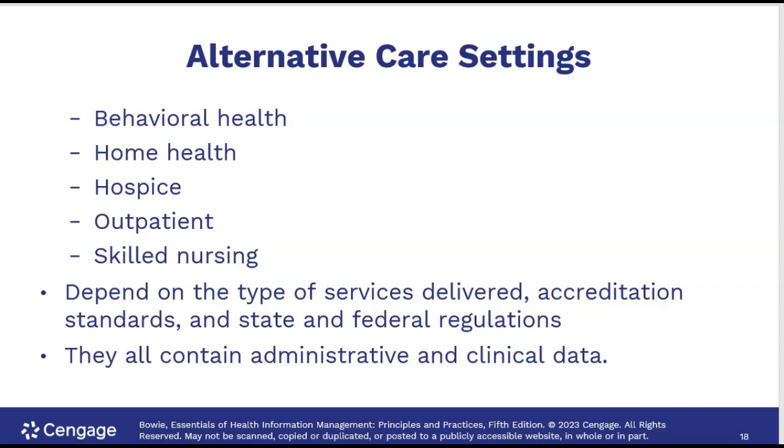Home health is where you are at home and you have a nurse or a CNA come in and see you to make sure that you're doing okay, check your vitals. Hospice, this is palliative care, usually end of life type care. Outpatient, and then you have skilled nursing. Once again, they all contain administrative and clinical data.